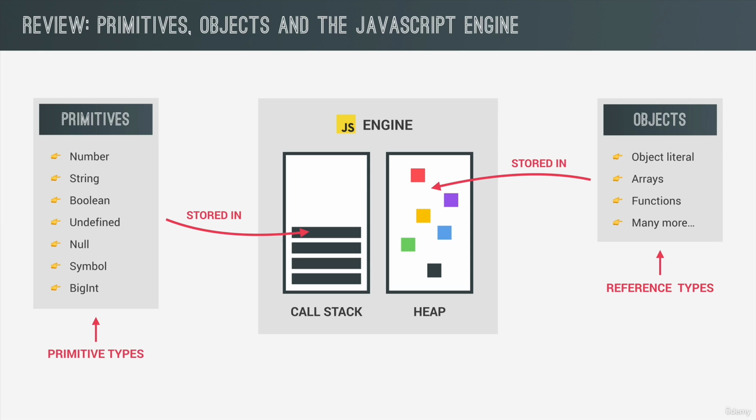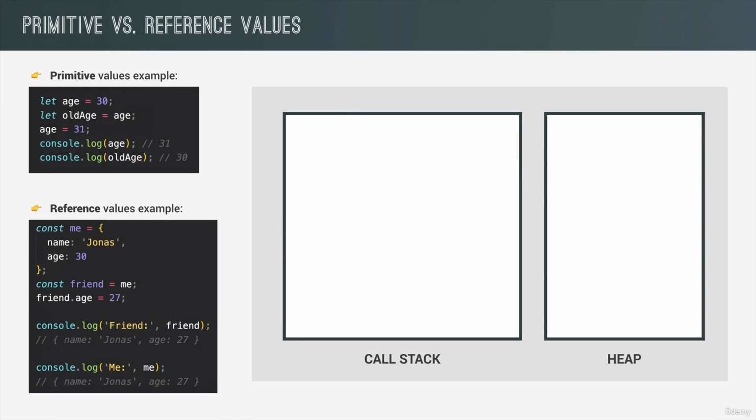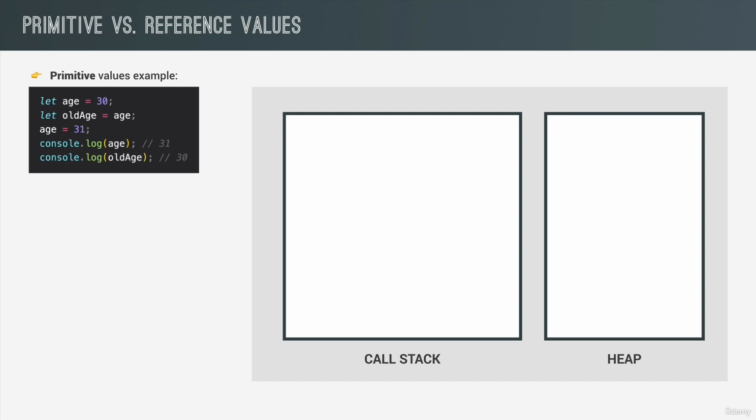Alright, but now how does all that actually work? And why did our code example earlier behave in that weird way? Well, let's find out. So here we have the two code examples from earlier, as well as the engine with call stack and heap. And let's start by looking at the primitive values example. So when we declare a variable like age equals 30, what actually happens inside the JavaScript engine and the computer's memory?